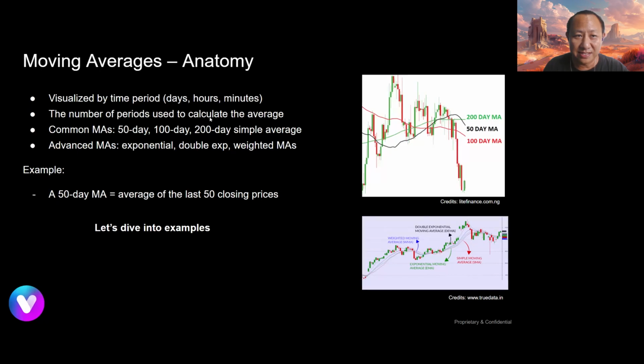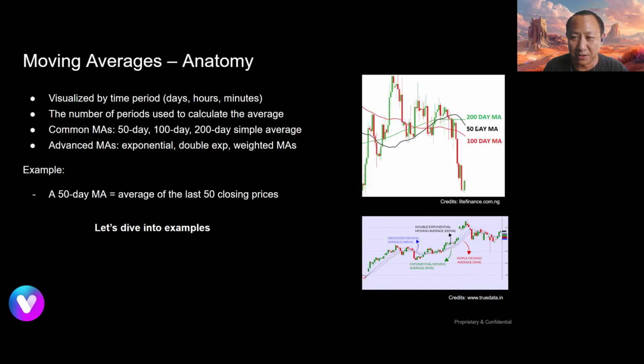All right, so let's dig into how moving averages are calculated. So I did hint about this. It's visualized by the time period. So time period is important. You need to know what time period you're looking at. It could be daily, it could be hourly, it could be by the minute. So the data points adjust according to the window of the time you're looking at. And the number of periods used to calculate the average is important too.